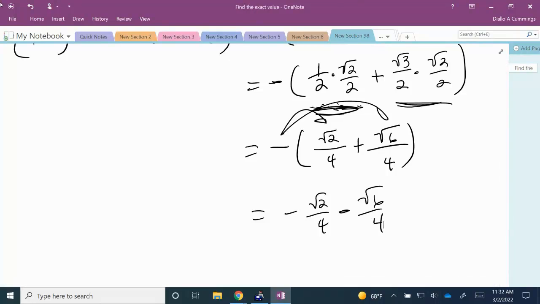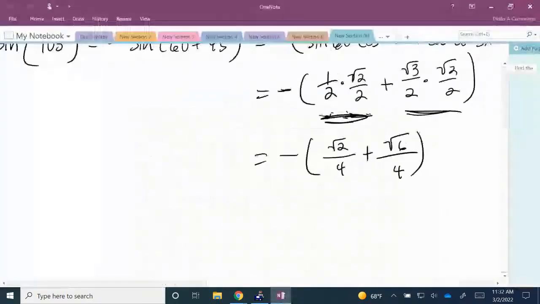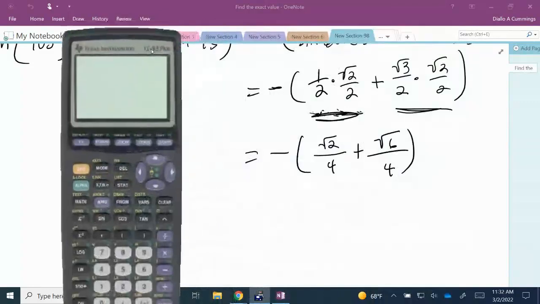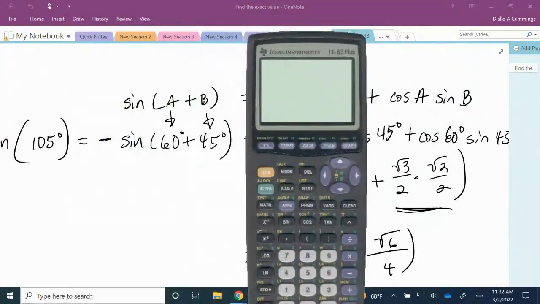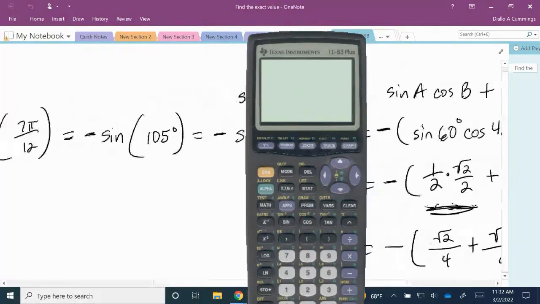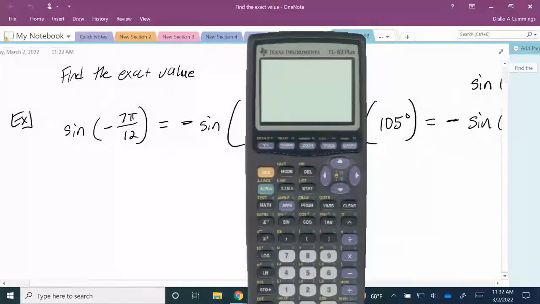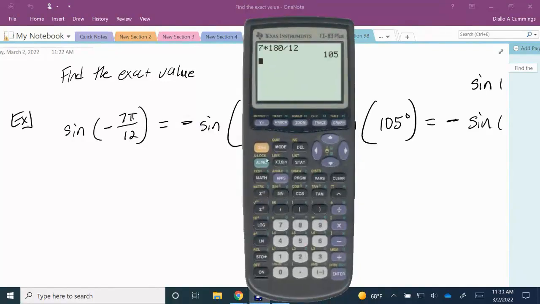All right, and I'm going to check the solution just by using the calculator. Now our initial problem was given in radian measure, so I'm going to make sure that my calculator is in radian mode.